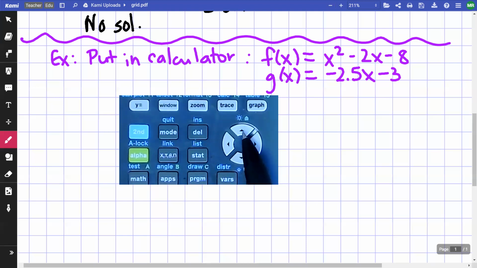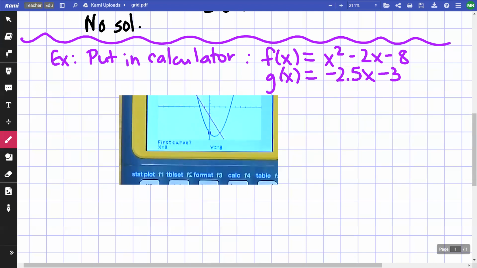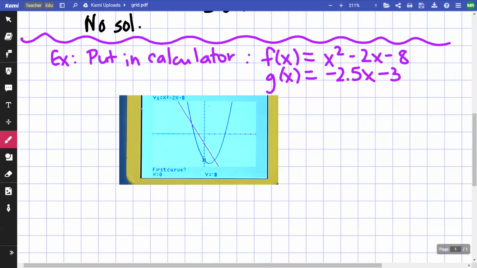If I do the up-down, it jumps me from one graph to the other. Right now I'm on my parabola, which is kind of blue, but if I hit up or down, it takes me to the other curve, or in this case, line. So I want to go left or right. I'm going to arrow to the right, and you don't need to be perfect. Just get near that point of intersection.